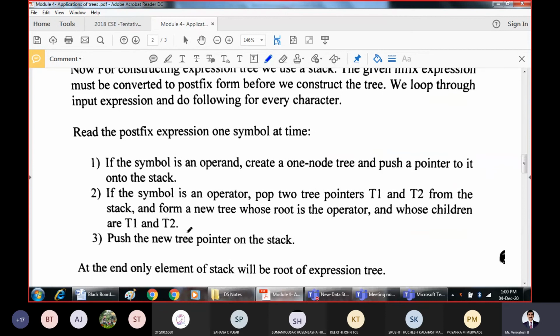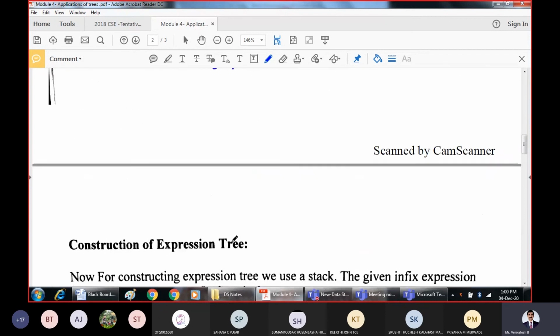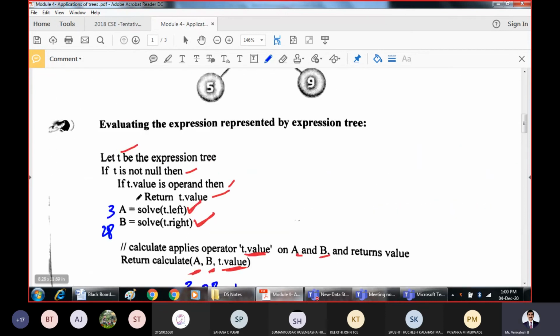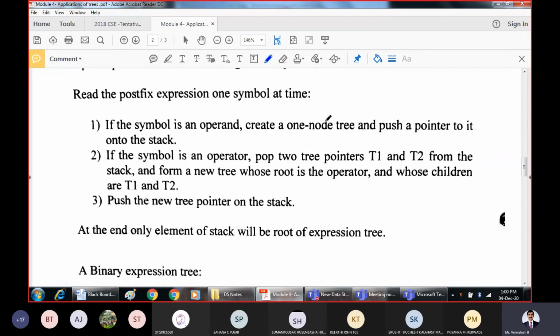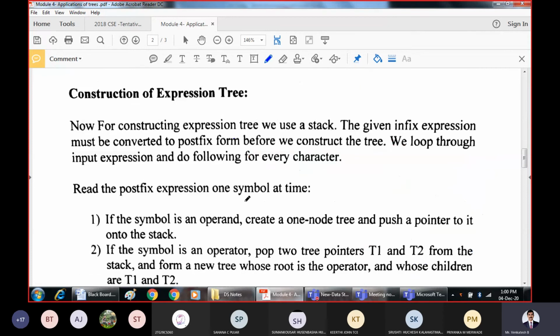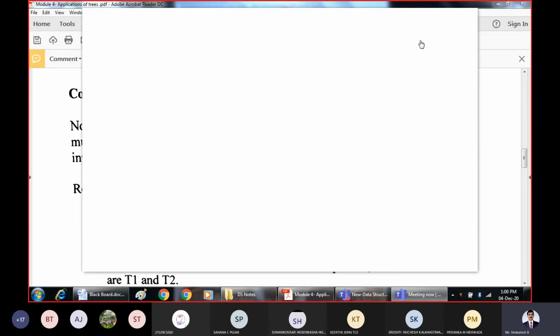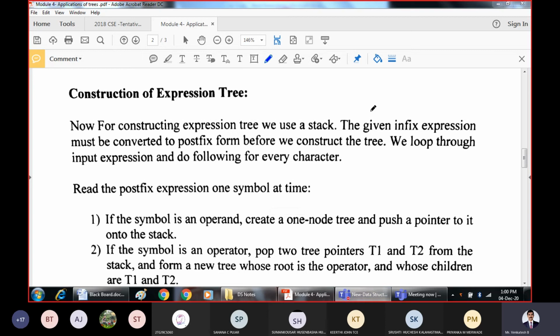So these are simple algorithm steps. The same algorithm is written in words for better understanding of the construction of expression trees. We'll see this construction in the next class, because that needs time, at least half an hour continuously, and now we don't have that much time.